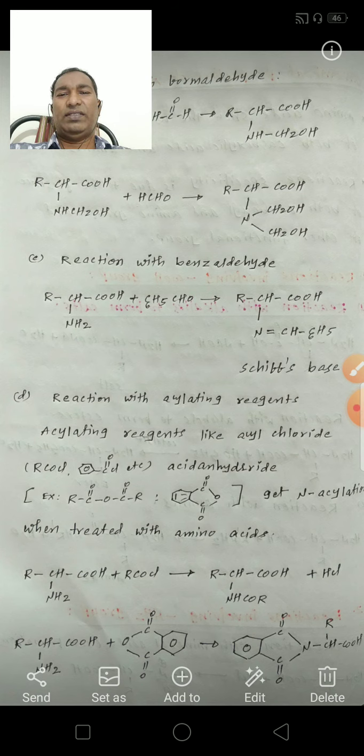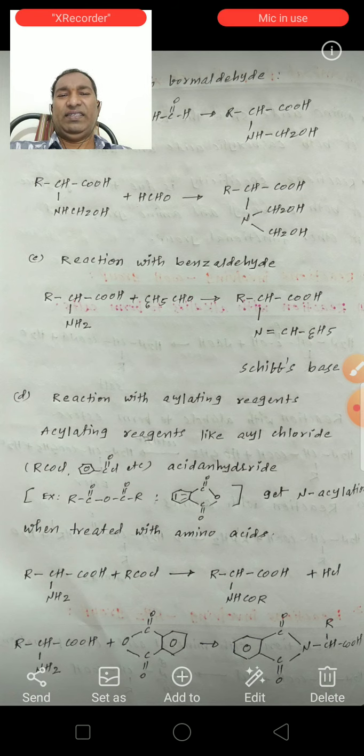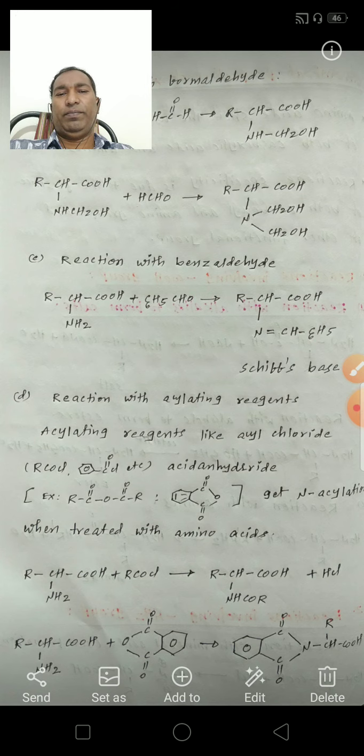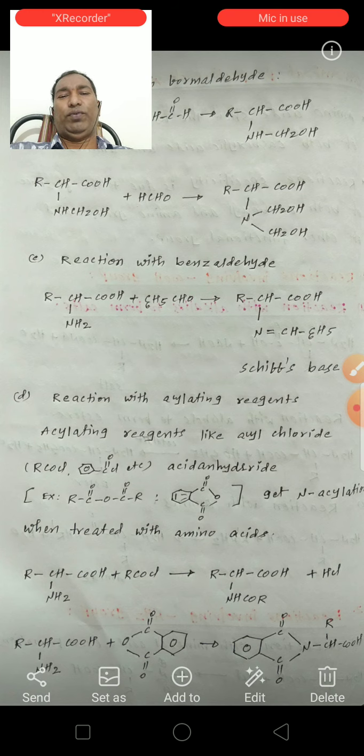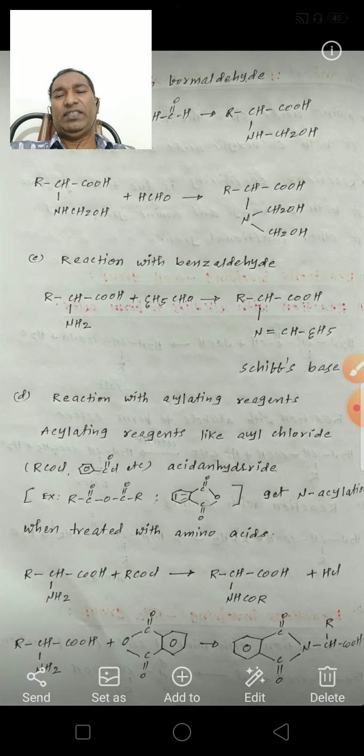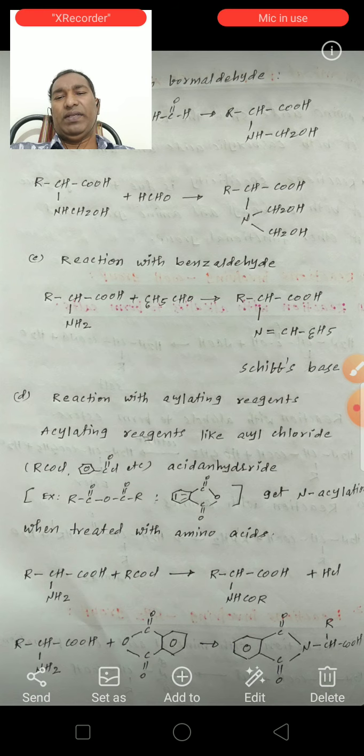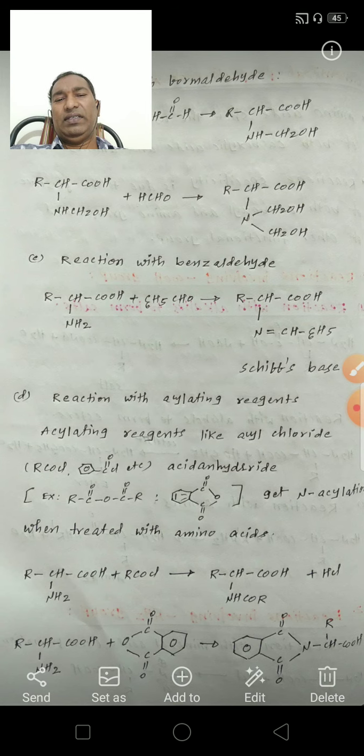So when amino acids react with benzaldehyde, they form a Schiff's base. This is the general structure of Schiff's base, RCHCOOH, N double bond CH, bond C6H5, the benzaldehyde group.